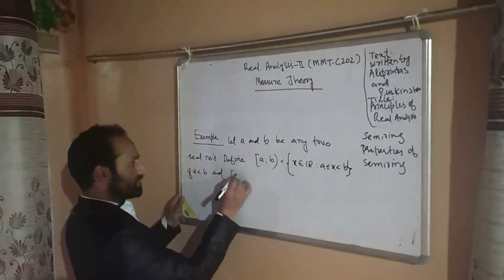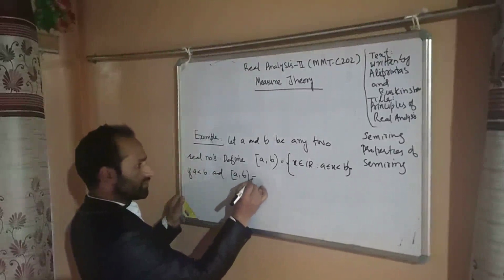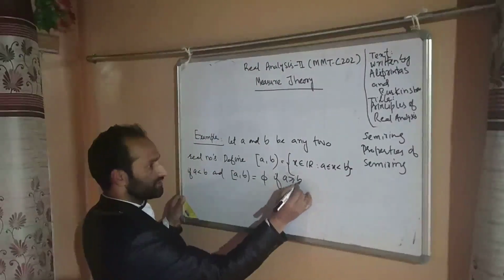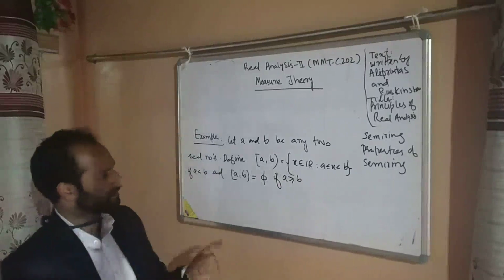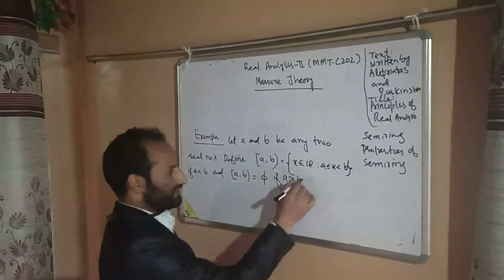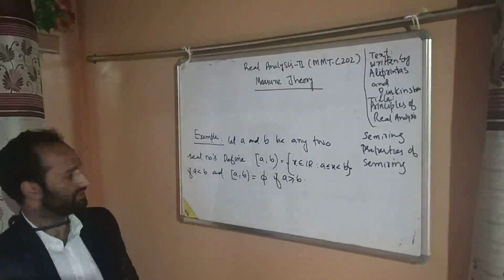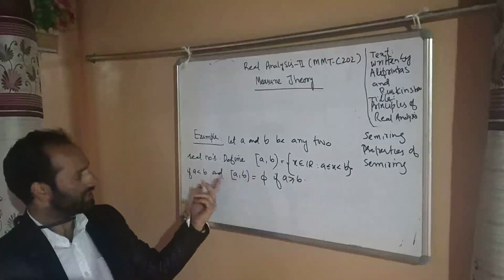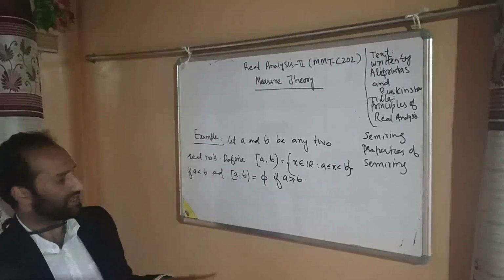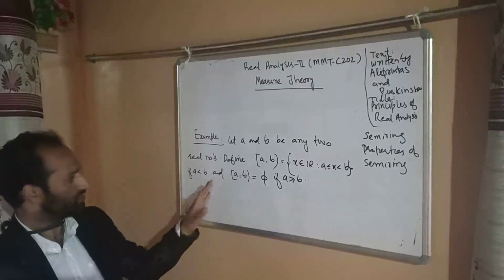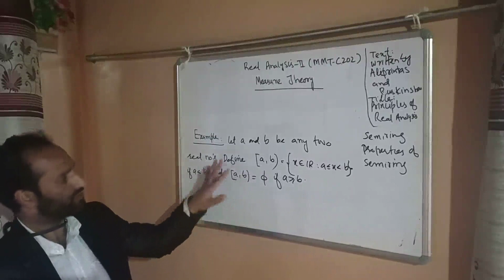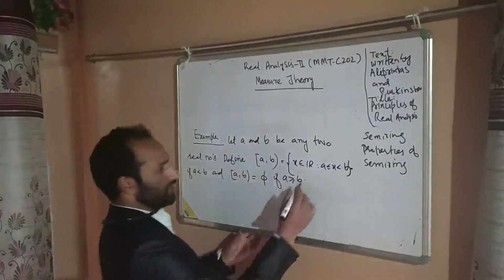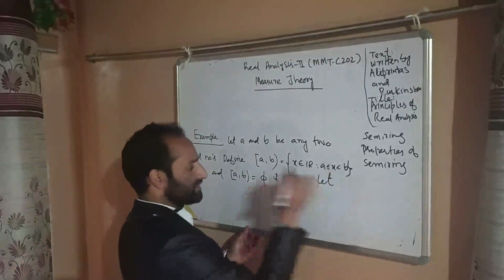And this semi-closed interval A, B is equal to phi if A is greater than or equal to B. So this is phi in case A is greater than or equal to B. For example, the semi-closed interval 1, 1, because there is no real number which lies between 1 and 1, so we take this semi-closed interval to be equal to phi in case A is greater than or equal to B. Now let's consider the following class of sets.